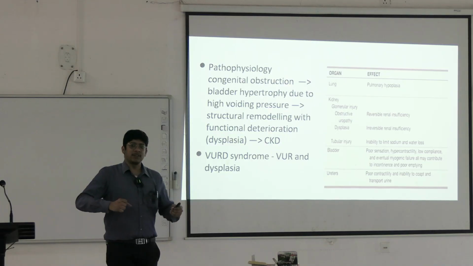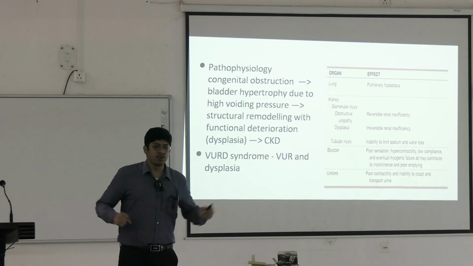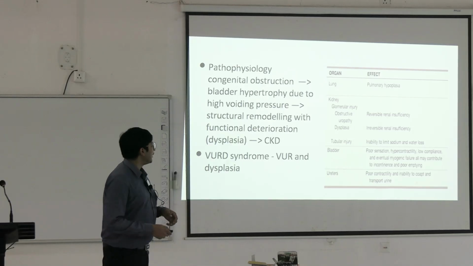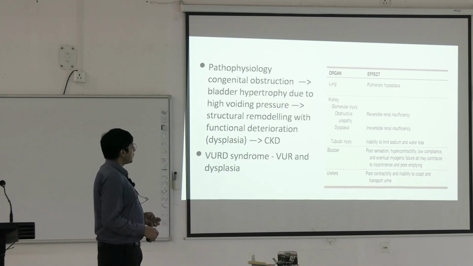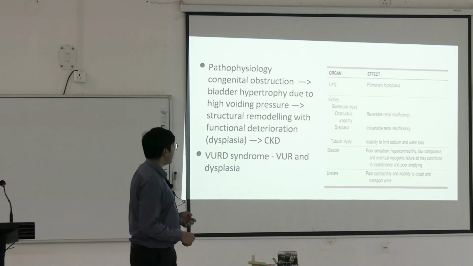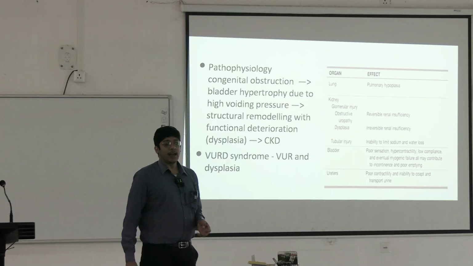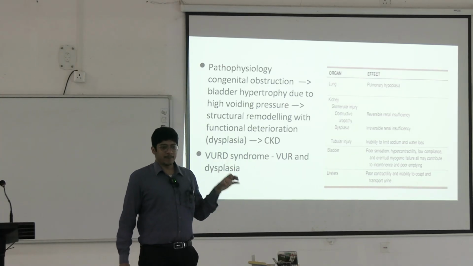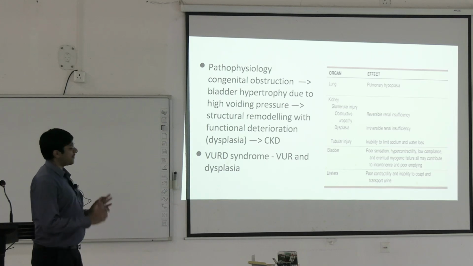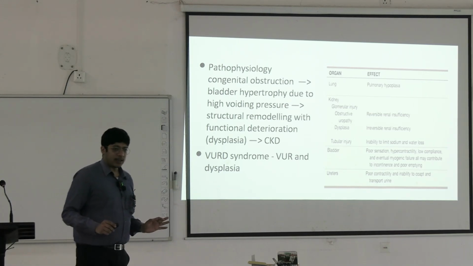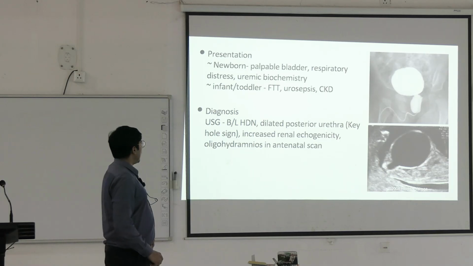After developing so much muscle, the muscle is not functioning normally, so it leads to incontinence and overflow. And lastly, the ureters are also poorly contractile because they are distended, and they fail to carry urine. So this is a very bad disease to have, and most of the patients eventually progress to CKD.